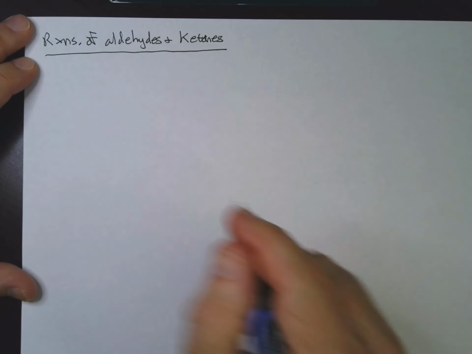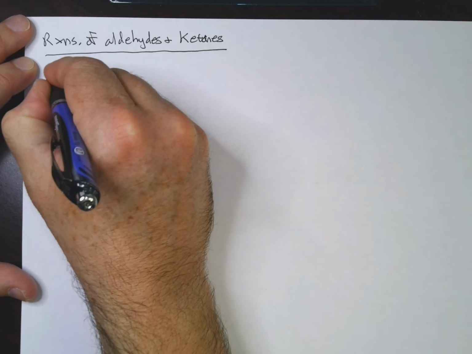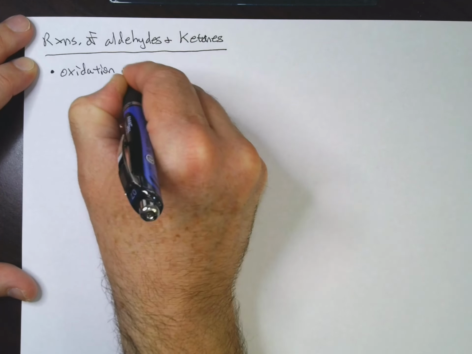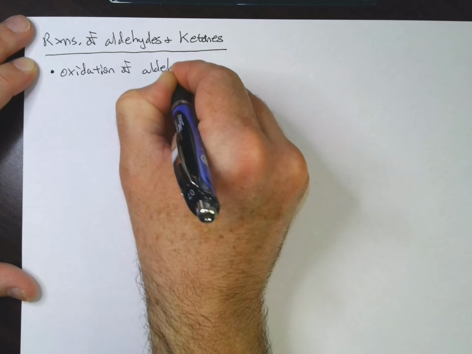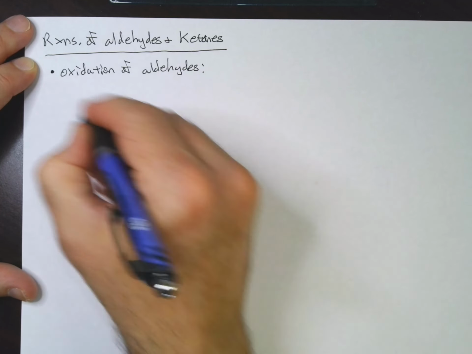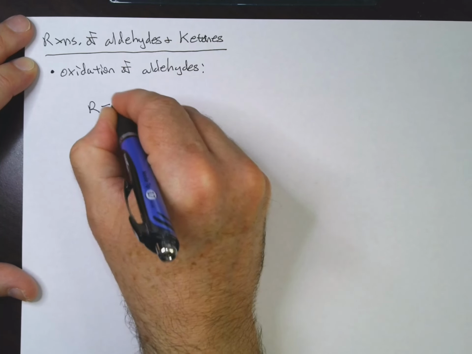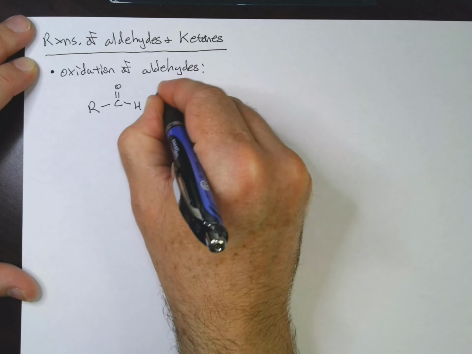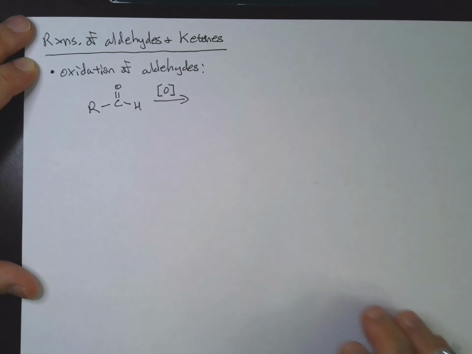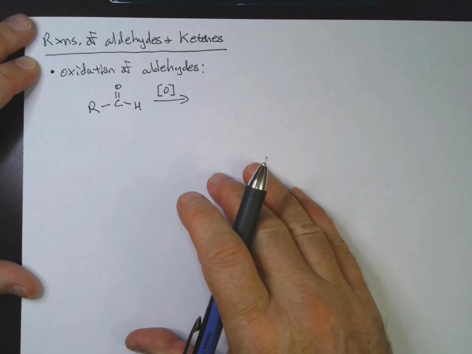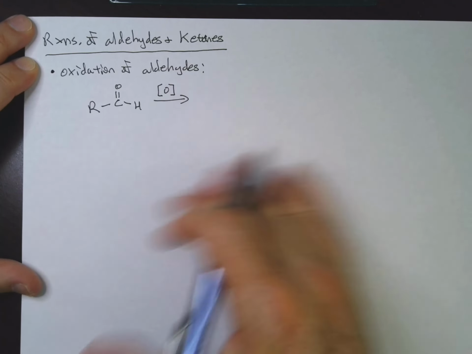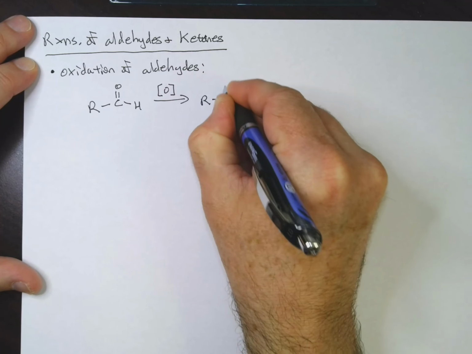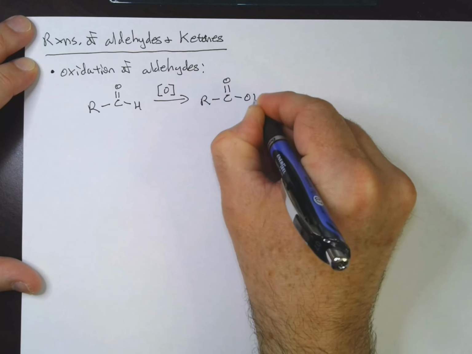The first one that we've seen is oxidation of aldehydes. If I have R, C, double bond O, H, and I do some kind of oxidation that's more strenuous than PCC or the Dess-Martin oxidizing agent, we'll get a carboxylic acid.